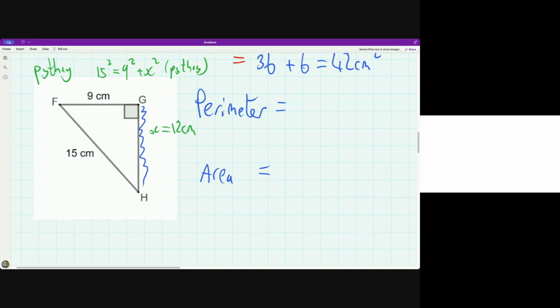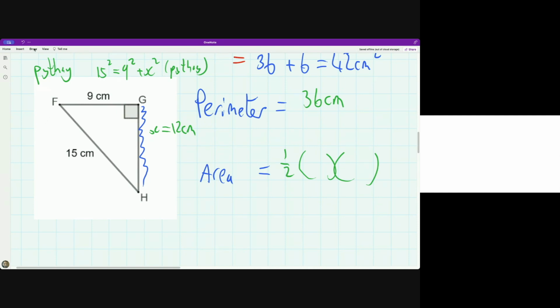So then the perimeter must just be 12 plus 9 plus 15, which is 36 centimeters. What's the area of my triangle going to be? So remember, for a triangle, it's a half base times height.